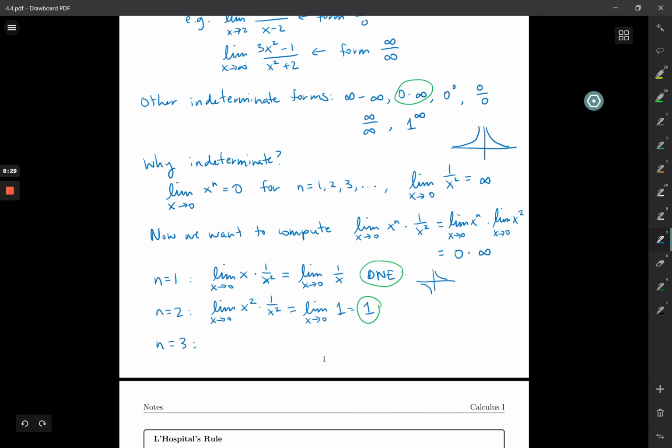And now if we plug in n equals 3, we'll get even a different answer. Okay, so simplifying this, we'll get x, and the limit as x goes to 0 is 0. So that is 3 different answers for the same type of limit. All we've done is change the power of x in that first piece.